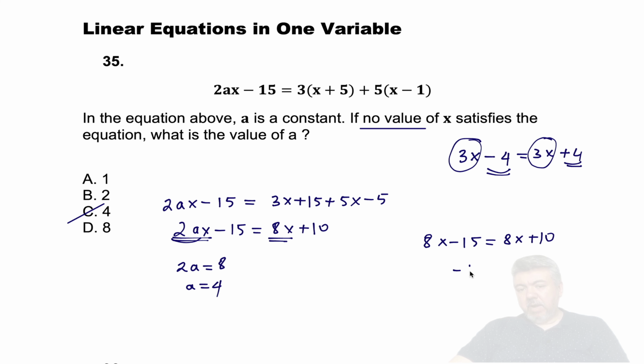Cancel 8x's, minus 15 equals 10. That's a contradiction. That means no x satisfies this. That's the idea behind it. So whenever you have such a question, equalize the coefficients of x and make the constants different.